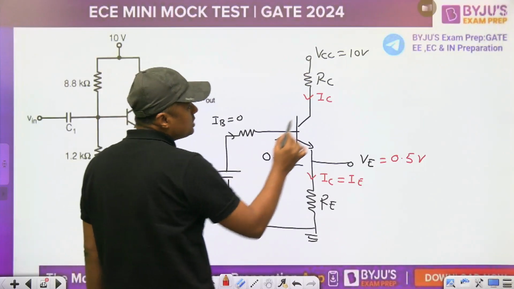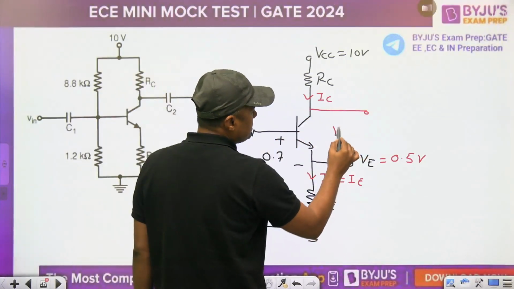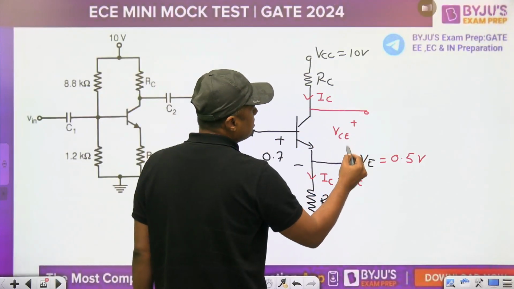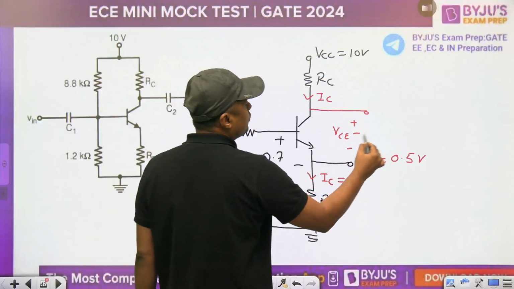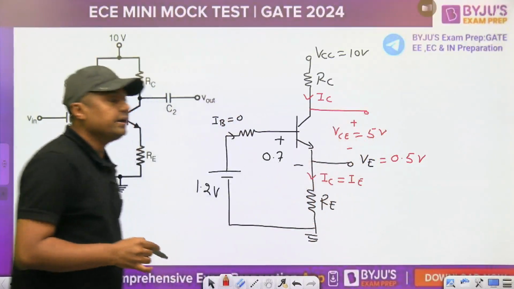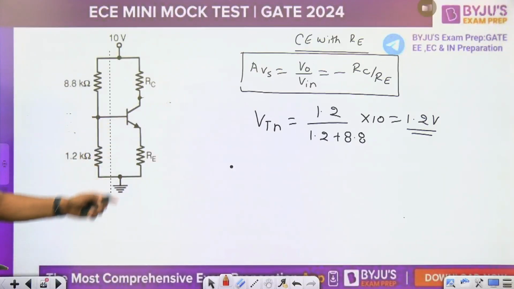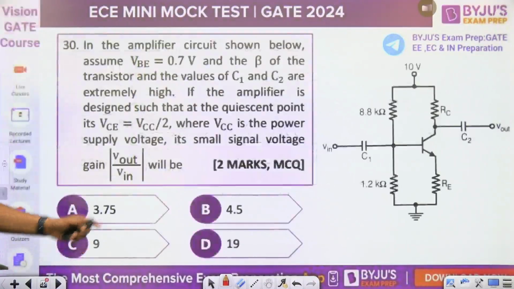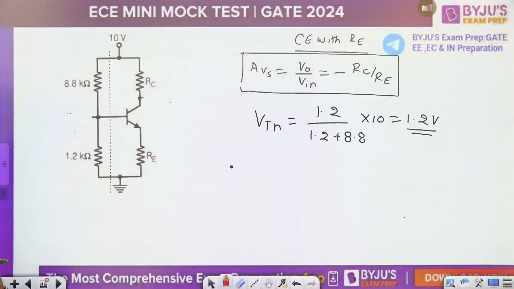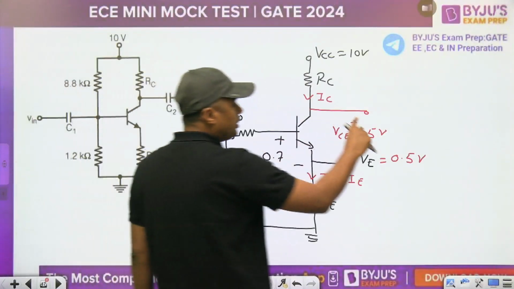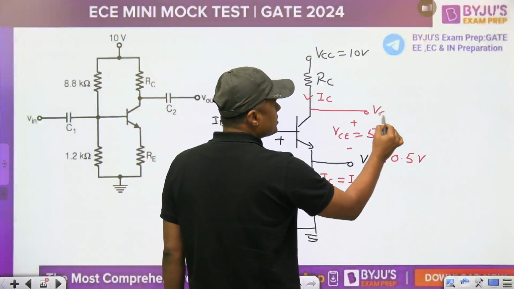And guys, what is the VCE given? VCE is given VCC by 2. VCC by 2 means 5 volt. It is given in the question. Then if this is 5 volt and this is 0.5 volt, what is the VC with respect to ground?